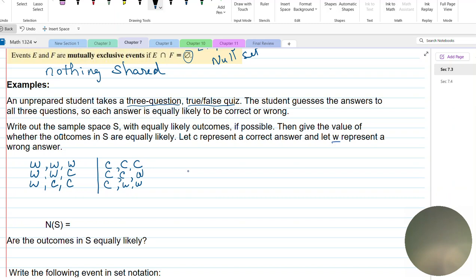So we have 6 in the sample space. The cardinality of the sample space, N of S, is 6.